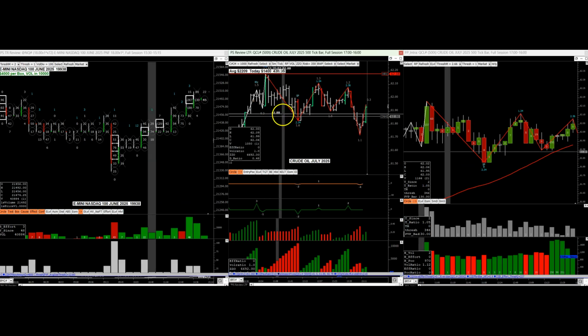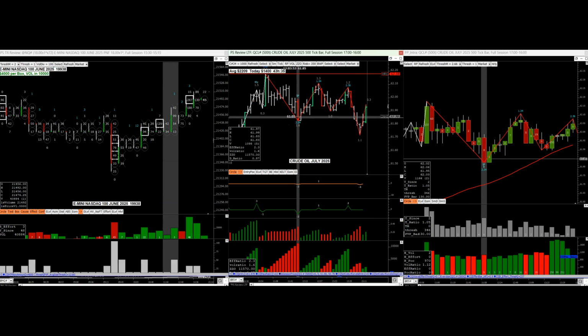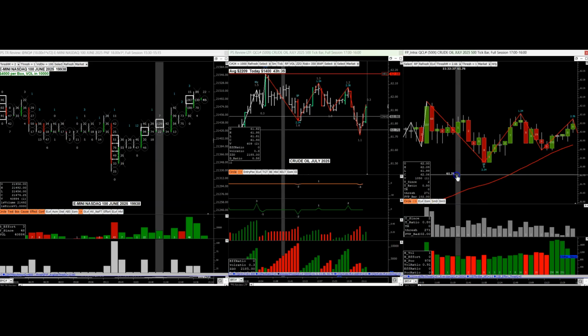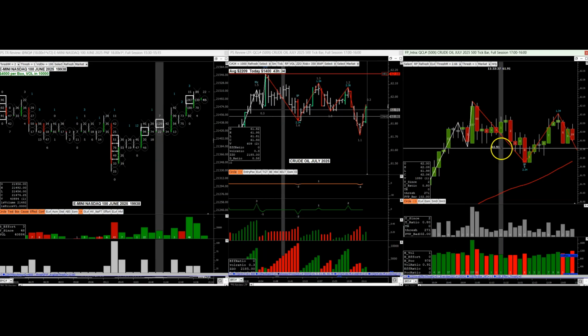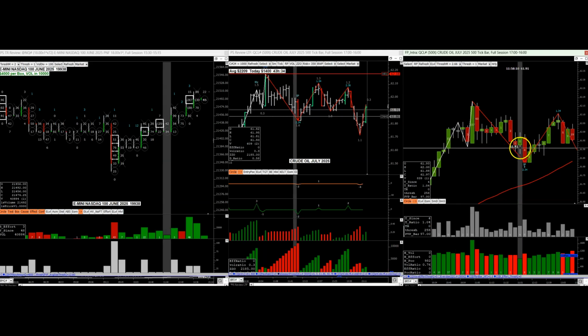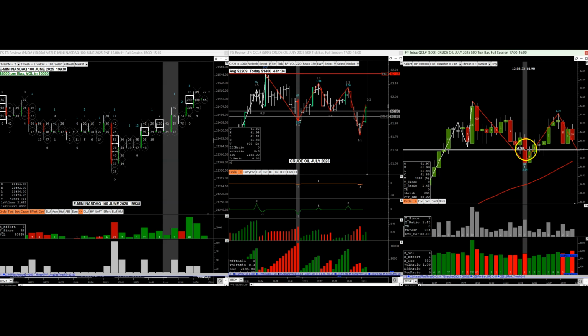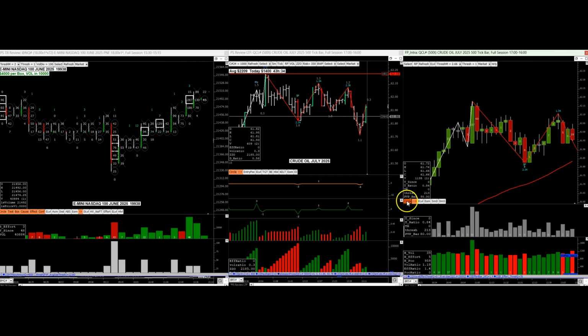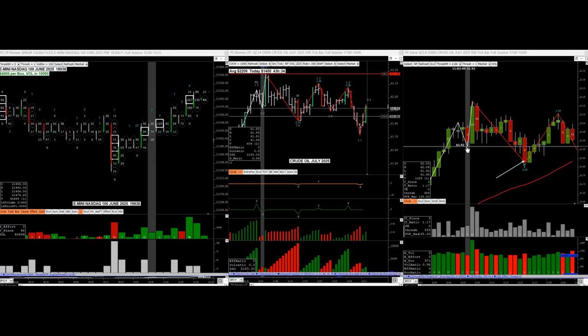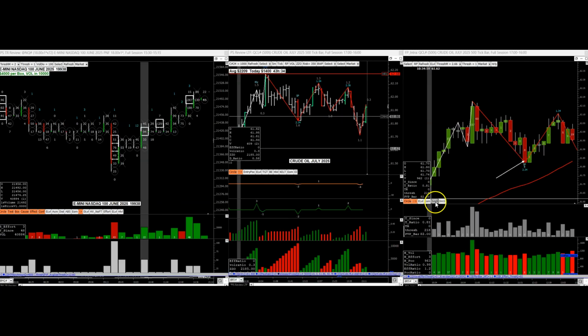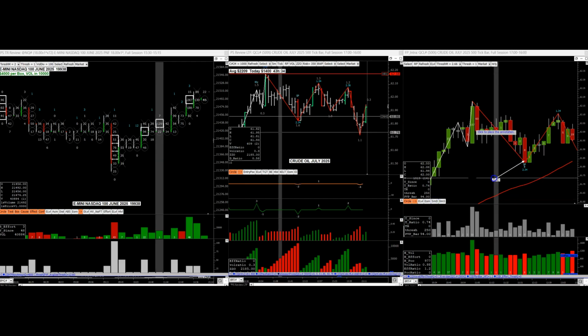This low gets taken here. What happens as a result? That low, you see the supply come in. That's the supply entering, right? But the problem is it can't follow through. So your supply meets demand here.